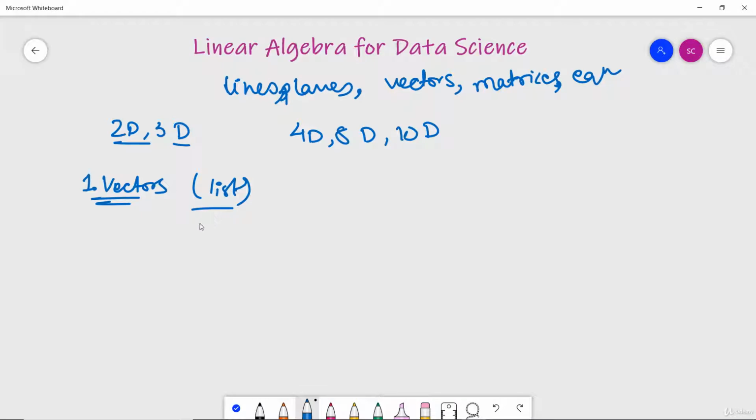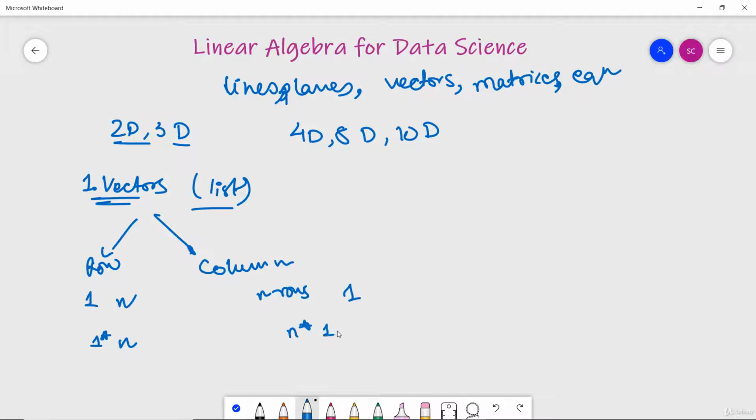Vectors are of two types, a row vector and a column vector. A row vector has one row and n columns, which means its dimension will be 1 cross n. Whereas a column vector has n rows and only one column, so its dimension will be n cross 1.